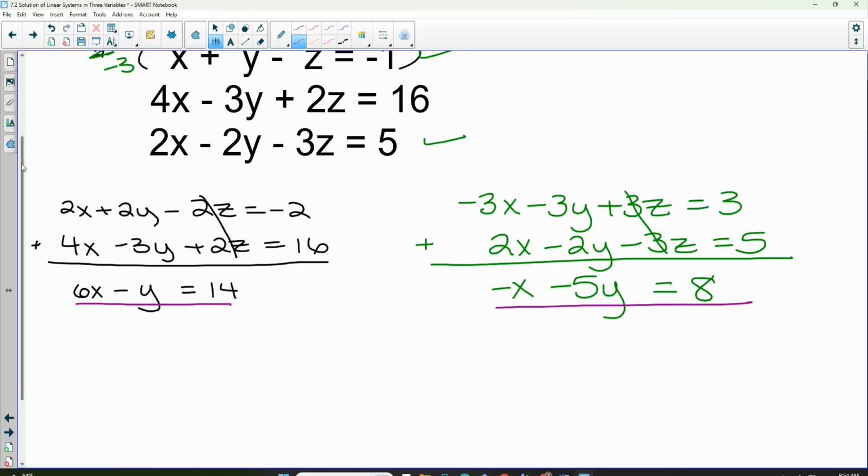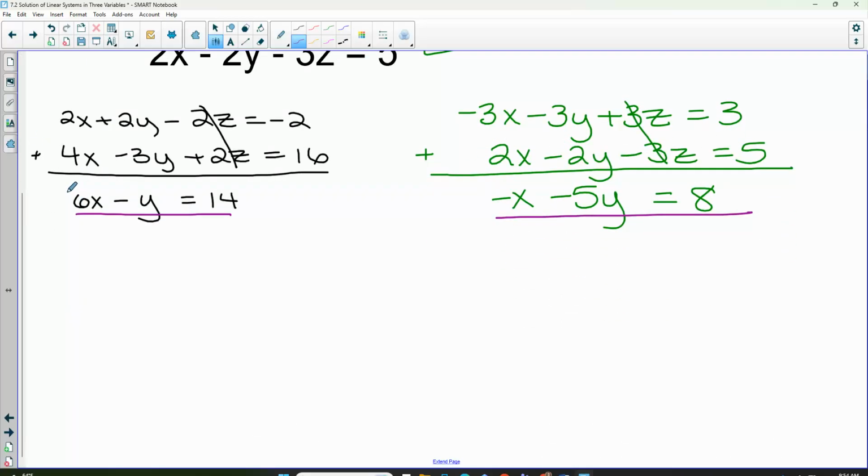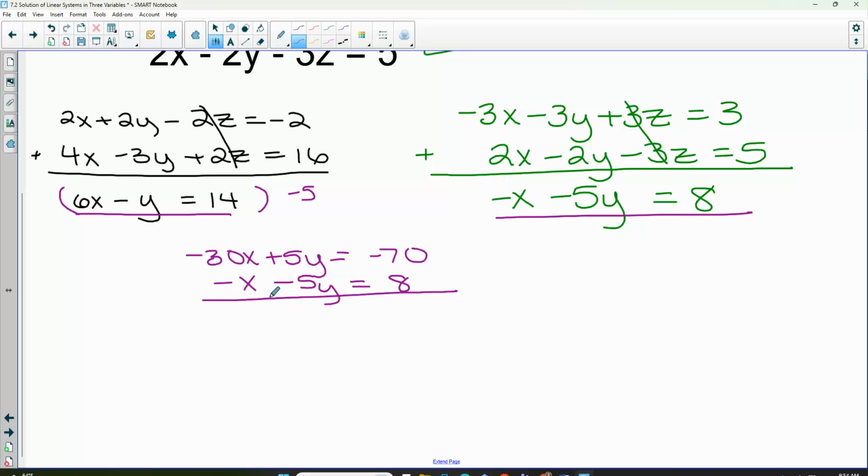So if I wanted to eliminate y, what would I have to do? If you didn't eliminate the same variable the first time, then you wouldn't have been able to put those equations together. So that's why we have to do the same variable.